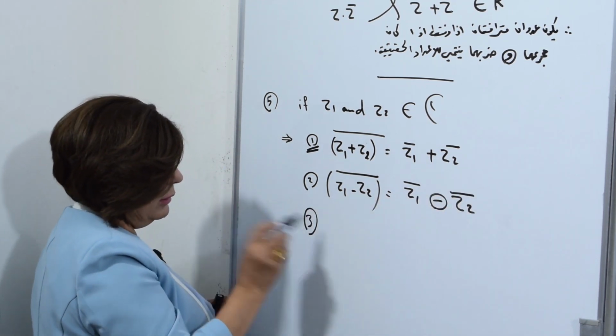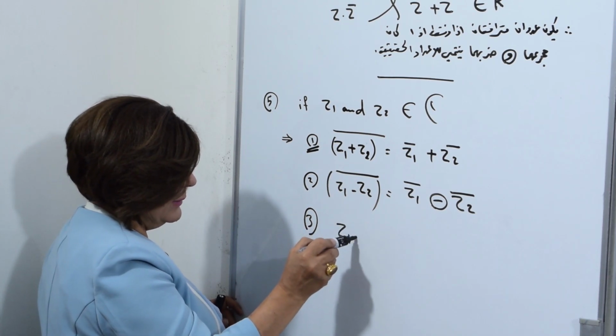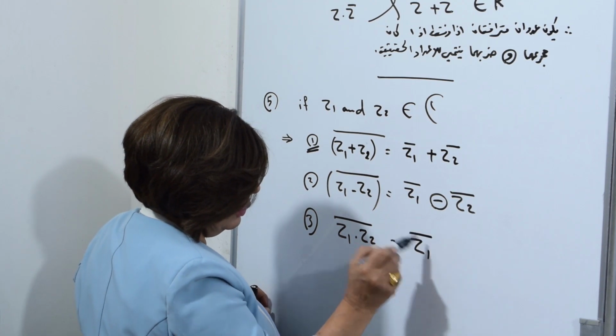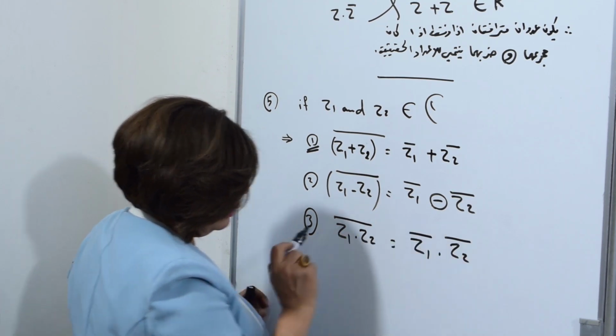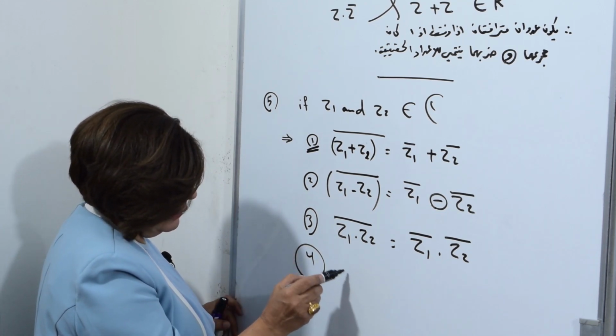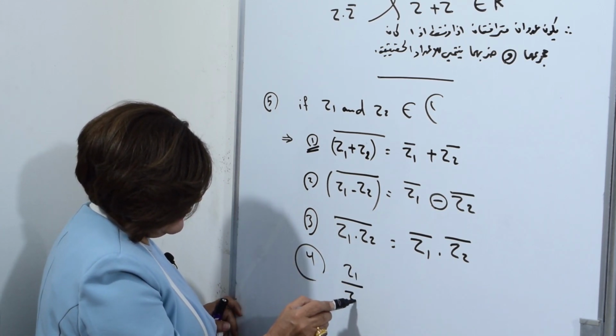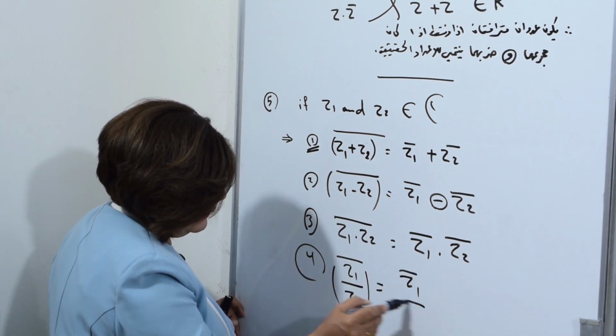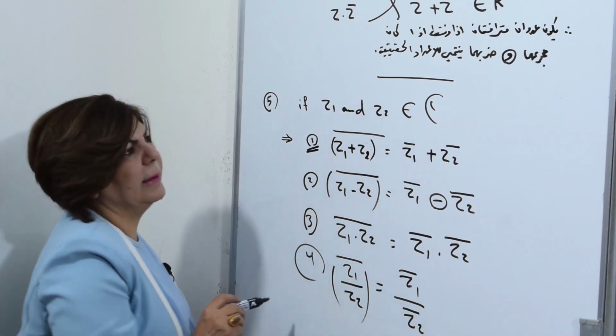The third one, the conjugate of Z1 times Z2 gives Z1 conjugate times Z2 conjugate. Number 4, in division بالقسمة, the conjugate of Z1 divided by Z2 gives Z1 conjugate divided by Z2 conjugate.